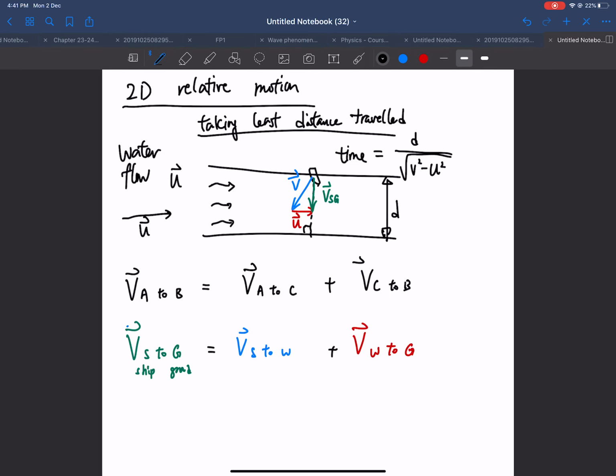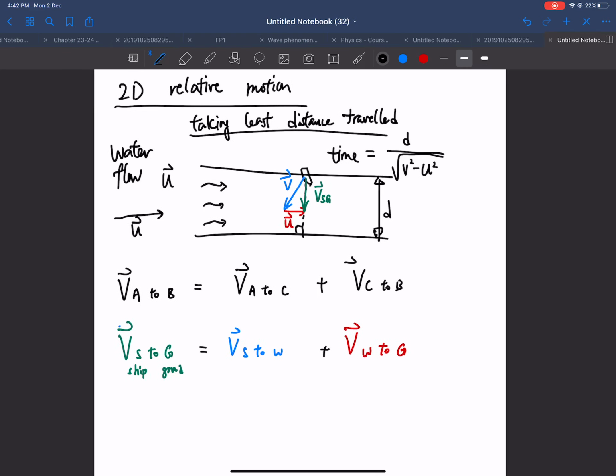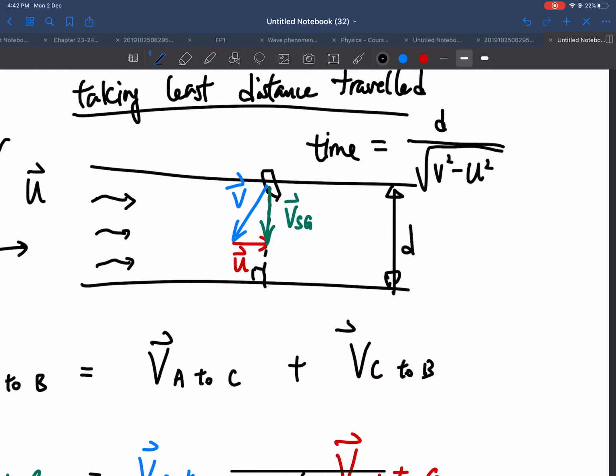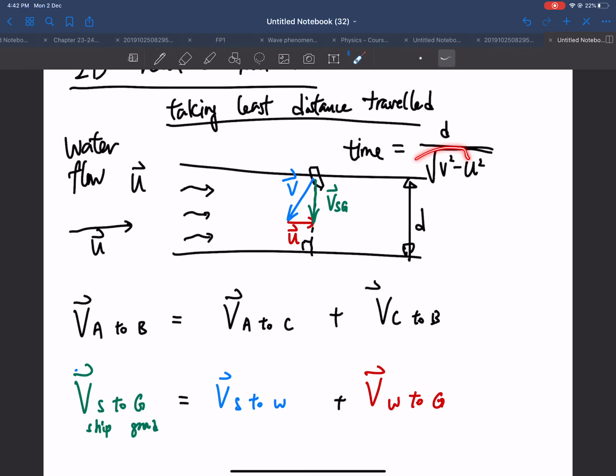Now, this one takes the least distance travelled. How should the ship move such that it will take the least time? Actually, if you think carefully, this is the vertical velocity.